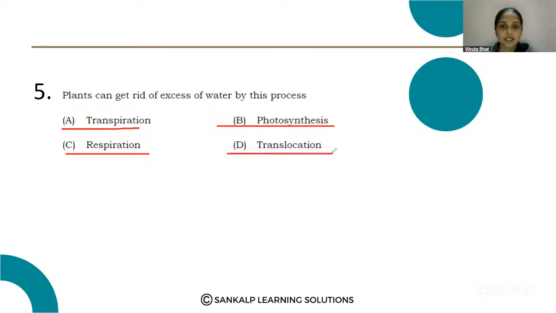Option D, translocation. Transpiration is the loss of the excess water, and that process is called transpiration. So option A is the correct answer.